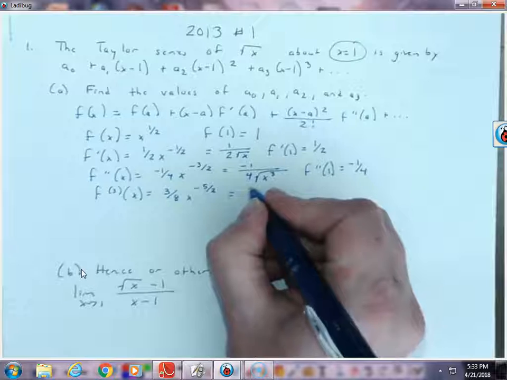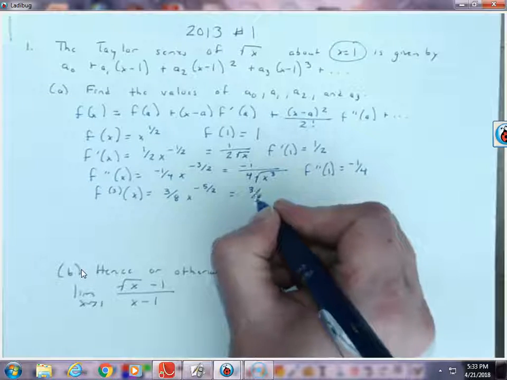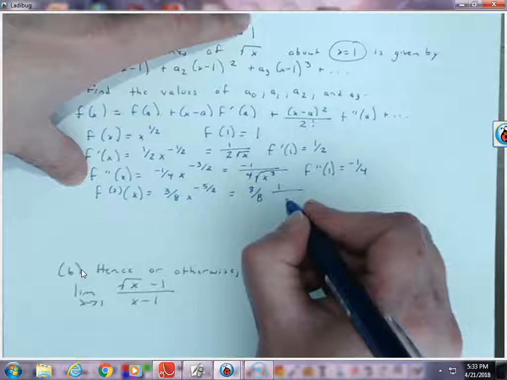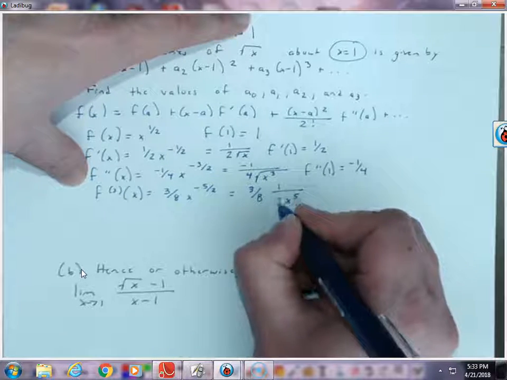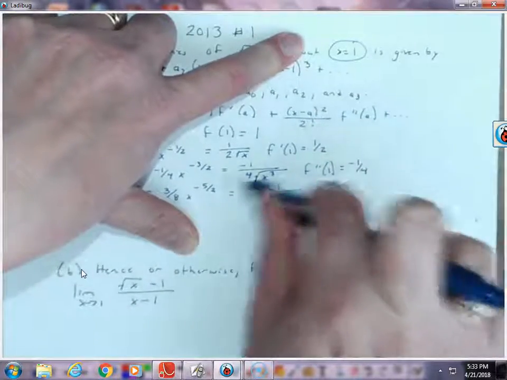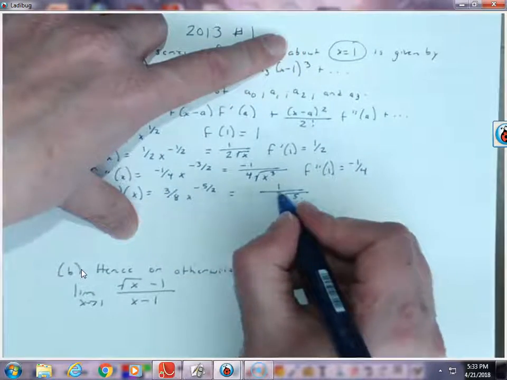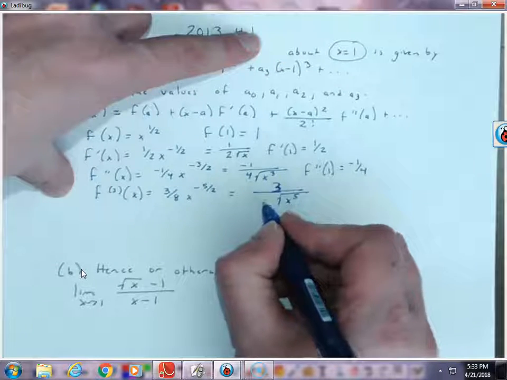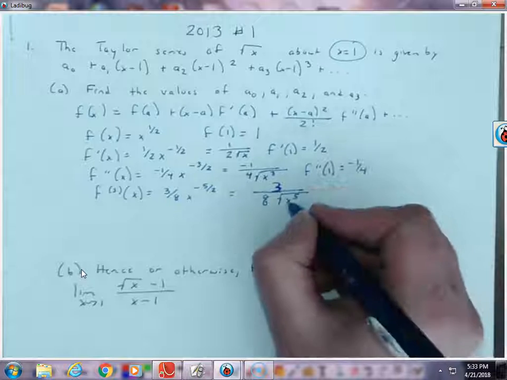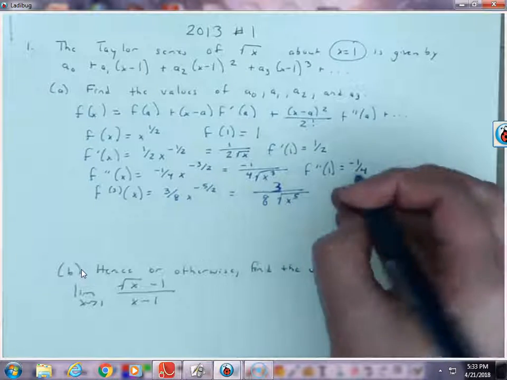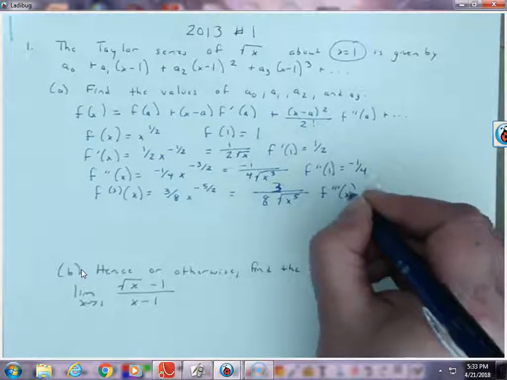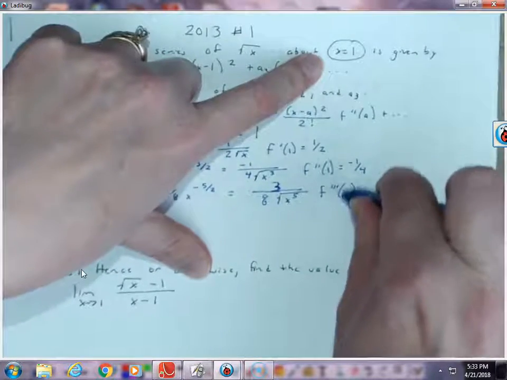It's just going to come out to be 1, but you'd have 3/8, and then you could make this 1 over x to the 5th, and then you're taking the square root. Okay, so let's just make this 3/8, raised to the 5th and taking the square root. But when you put in 1, raised to the 5th, take the square root, that's just 1 anyways. Okay, so f triple prime of 1 will just be 3/8.